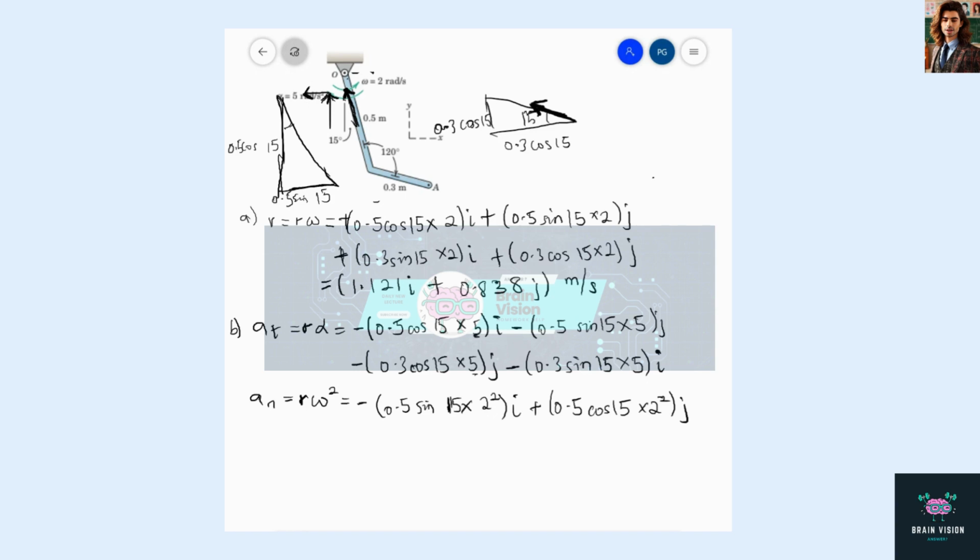And taking the horizontal first, this will be the radius, minus, that's the negative x direction, minus 0.3 cos 15 times 2 squared i, plus, this one is in the positive y direction, 0.3, it should be sin 15 times 2 squared j.